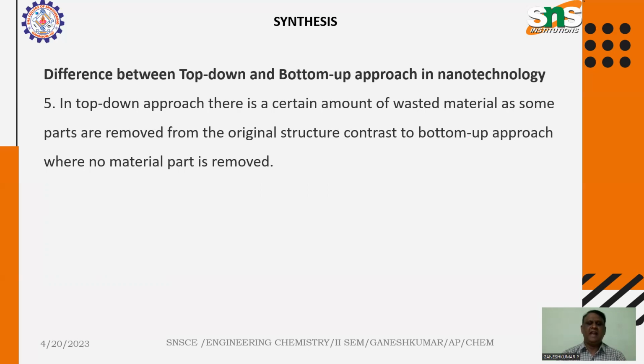In contrast, in bottom-up, we have an assembly of small materials into a larger one, so the wastage is reduced. So most probably the bottom-up approach is found to be better than the top-down. But depending upon the different nanoparticles, such as nano rod, nano wire, nano cluster, and carbon nanotube, both have some equal importance regarding controlling the structure and the applications.